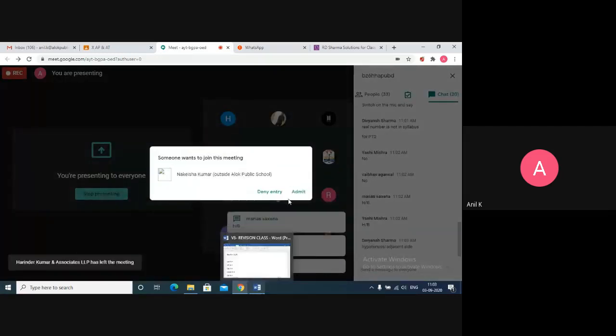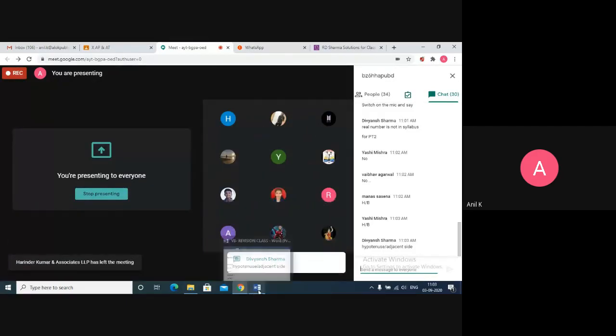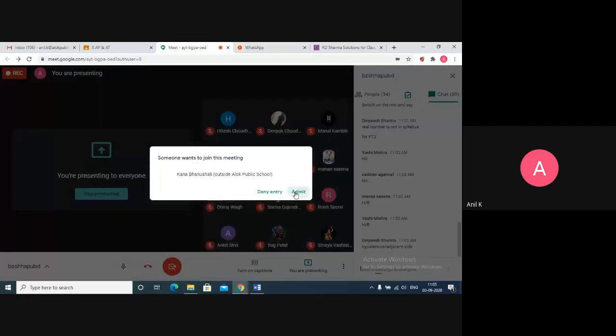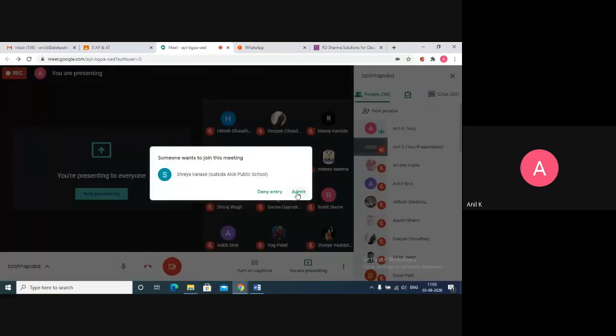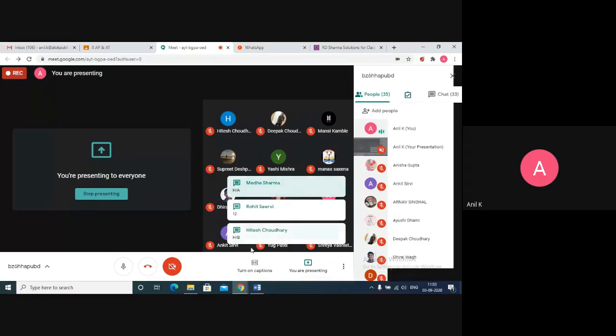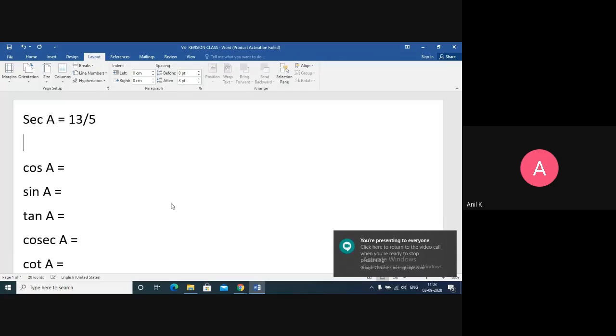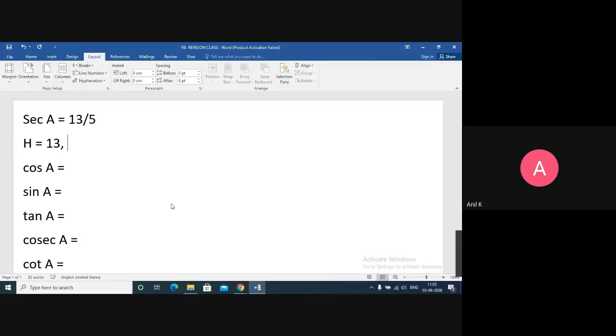So hypotenuse is 13 and base is 5. So what will the adjacent side be? Who will give the adjacent side? Arnav? Adjacent side is 12. Yes. Here hypotenuse is 13, base is 5, and adjacent side is 12 by the Pythagorean triplets.